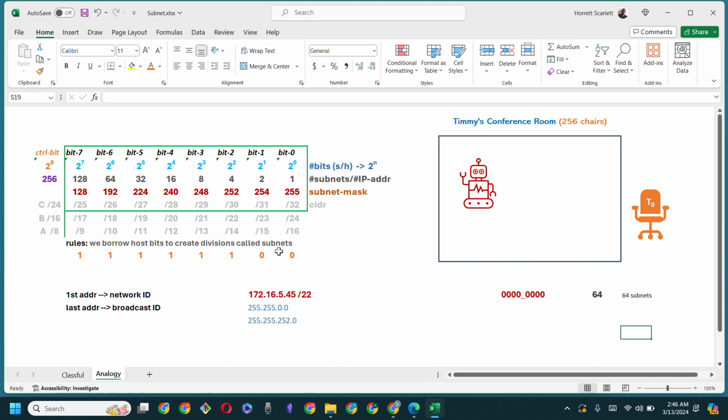There are 2 host bits here in the third octet. But remember, in the fourth octet all of those bits are also 0, so 8 plus 2 gives us 10. So 2 to the 10 tells us that we have 1024 IP addresses within the range.